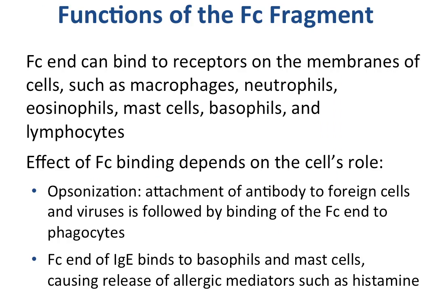Now let's talk about the crystallized fragment. This fragment actually has a constant structure, and it can bind with all kinds of immune cells, such as macrophages, neutrophils, eosinophils, and mast cells.